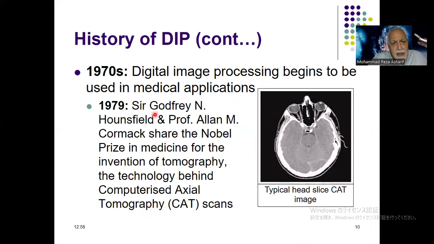In 1979, Sir Godfrey N. Hounsfield and Professor Alan M. Cormack shared the Nobel Prize in Medicine for the invention of tomography, the technology behind computerized axial tomography, CAT, or what we call the CT scan today.